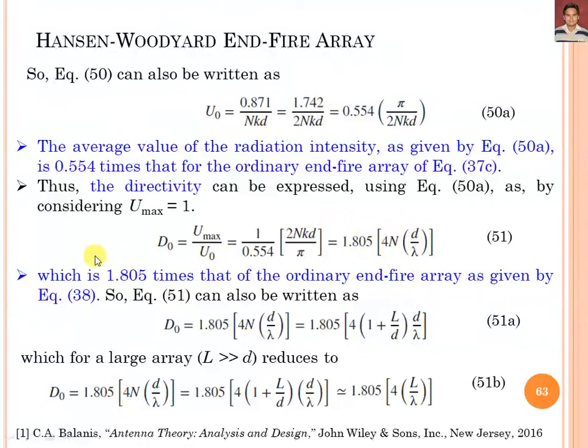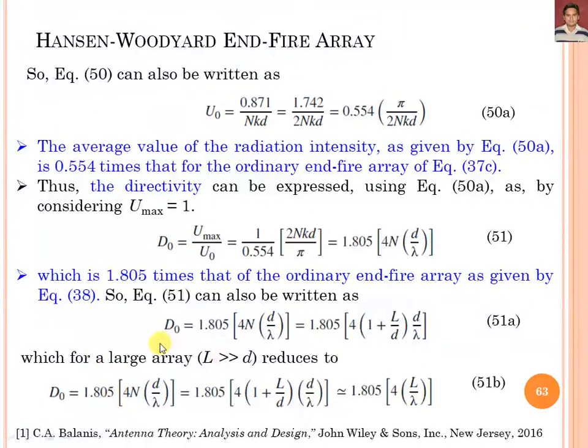So we can say the directivity of the Hansen-Woodyard end-fire array is 1.805 times that of the ordinary end-fire array. Equation 51 can be written by this expression when we consider the length of the array, as discussed in the broadside array analysis.